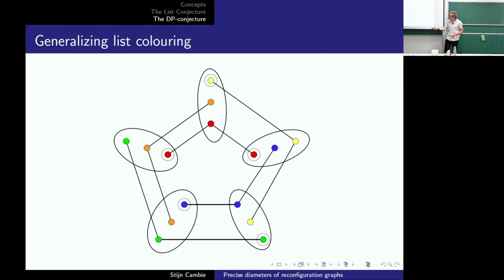If you return to this graph, what we see is we have some blobs with 3 colors, and then between them we have some matchings which correspond to equal colors. But in the generalization, we don't care about colors anymore, so we just put random matchings between them, and then we have a generalization.